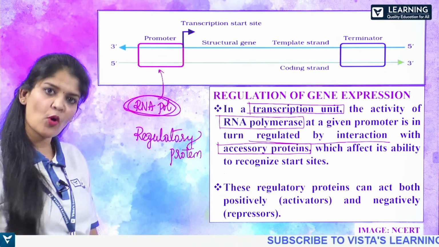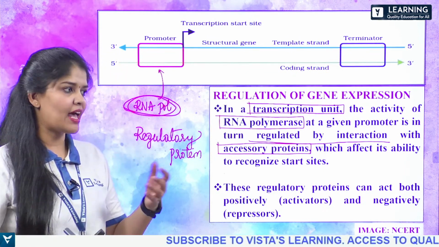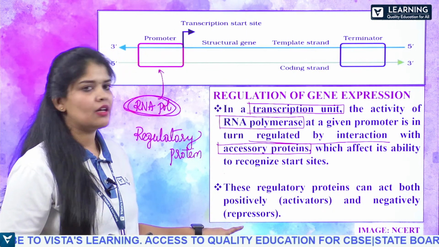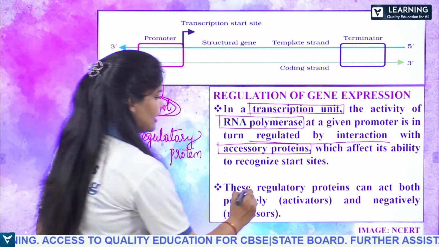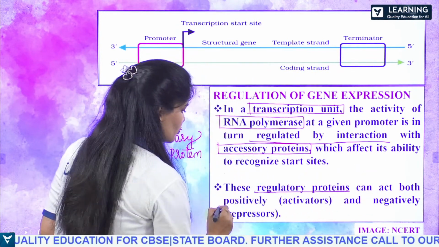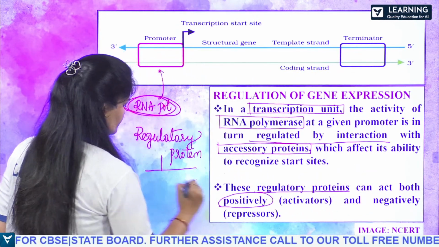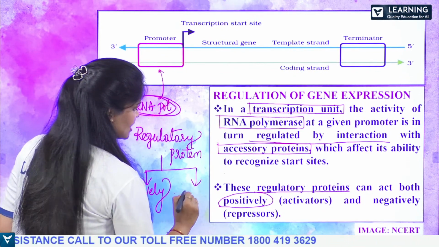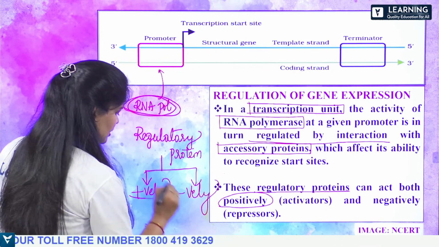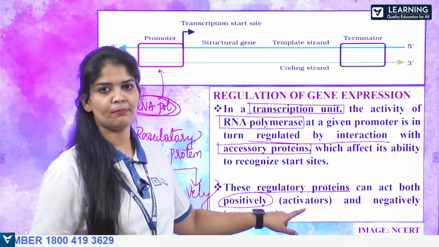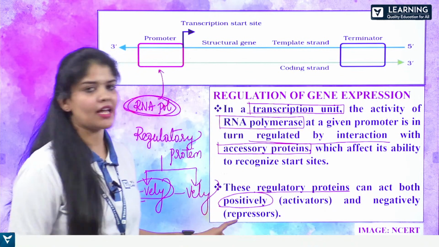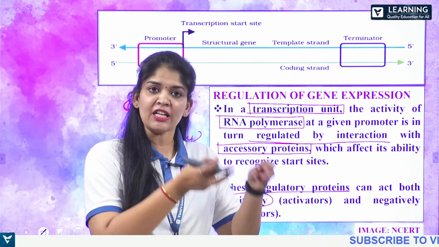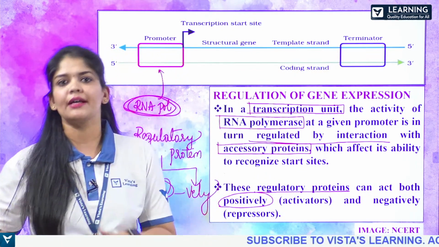They can regulate positively by acting as activators, or they can regulate negatively by acting as repressors. The positive action is shown by the activators, and the negative action is shown by the repressors. Repressors are nothing but regulatory proteins; if they regulate negatively, we call them repressors.